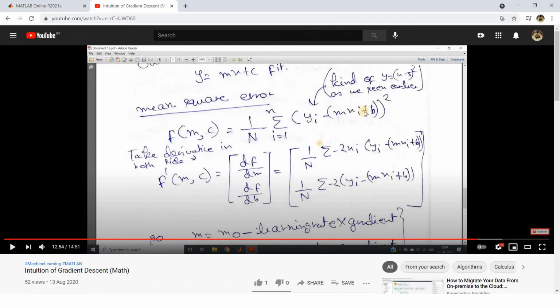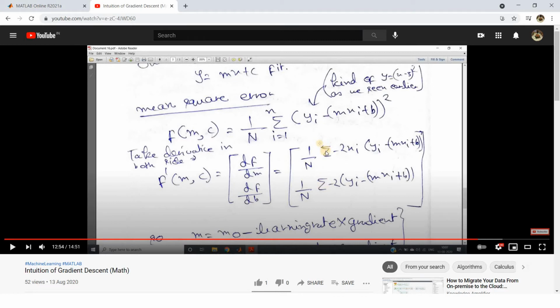Here yi minus (mx_i plus b), this is the predicted value, this is the original value, squaring them and then taking the sum for all the data, not a single data point. So each time I update the slope and intercept, I am computing this error value for all the data. Similarly, when we took the derivative with respect to slope and intercept to update, we used this formula. Here also a summation term is there.